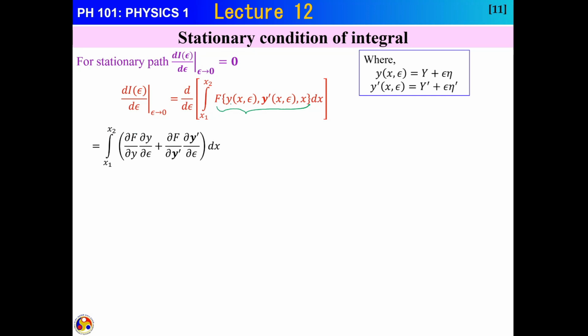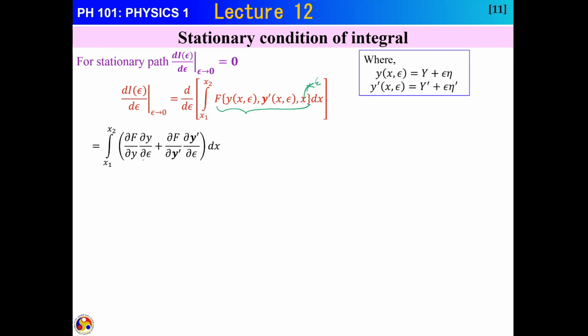The first part is the partial derivative of f with respect to y and the partial derivative of y with respect to psi. Similarly for y prime, you have the partial derivative of f with respect to y prime and the partial derivative of y prime with respect to psi. Because x is independent of psi, the derivative of x with respect to psi is simply 0, it would not be there.